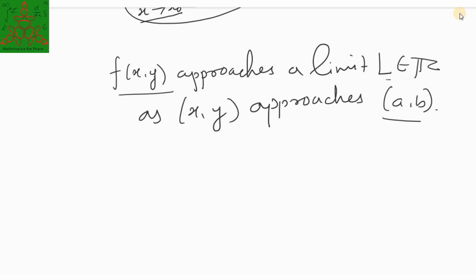So naturally, when we say f of x y is approaching L or (x, y) is approaching (a, b), the distance between them is becoming small.